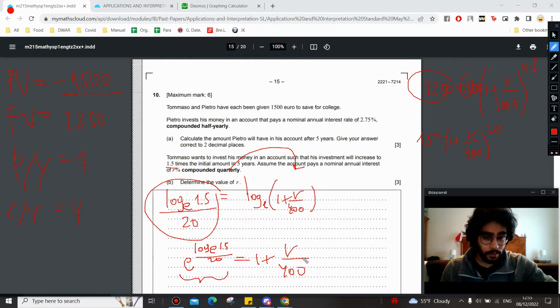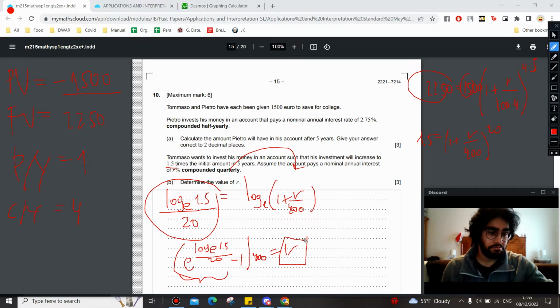And then again, I need to leave my r alone. So I put the 1 on the left-hand side. It will be minus 1 equals this. Then again, I have a division by 400, which means I have to multiply both sides by 400. And that will give me the value for r.